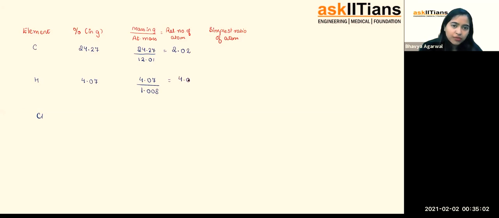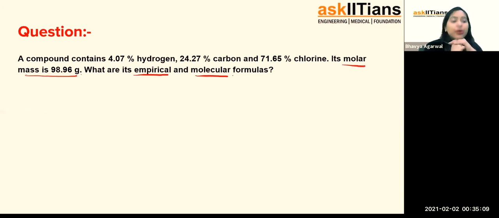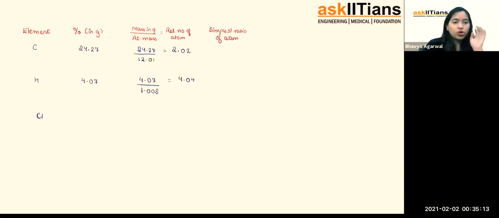So this value comes out to be 4.04. Same way, the percentage of chlorine is given as 71.65. So let's put it here, 71.65. Again, I'll do the second step, 71.65 divided by 35.5, which again gives me 2.02.